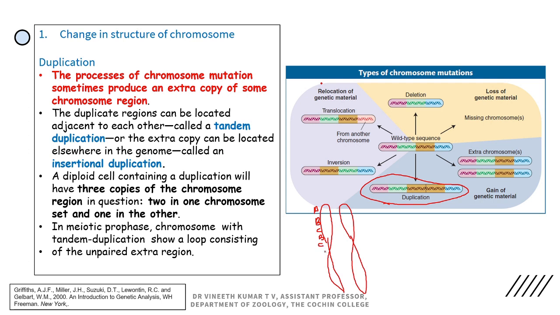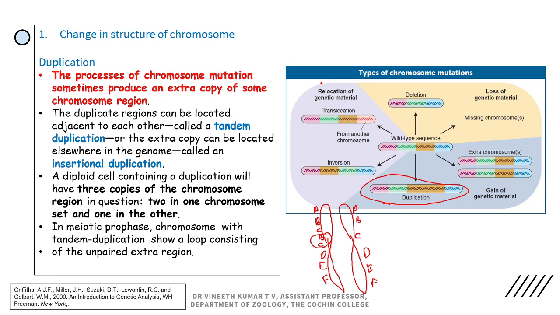Again, you can see B and C here, and then I write this portion as E, and this is F. So this is the region which is being duplicated. B and C is duplicated. So this one is normal: A, B, C here, D, E, and F.